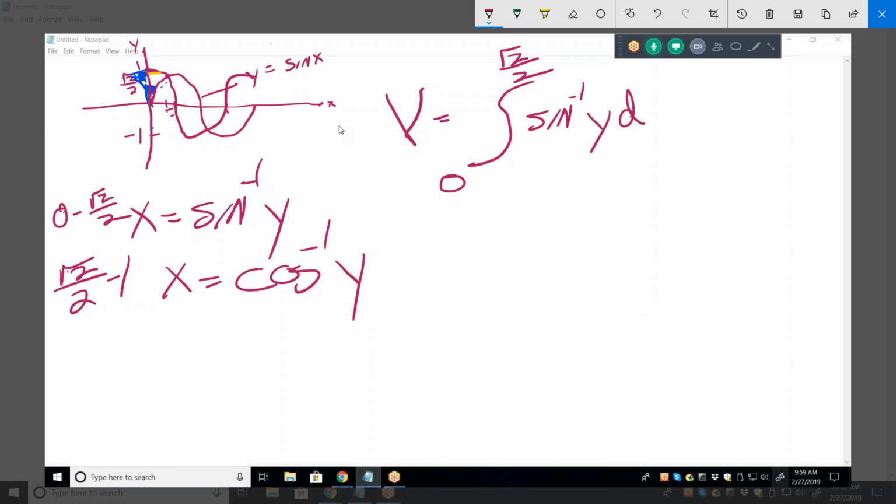Just a second. With the pi outside, there is no pi yet. Hold on a second. So that's the radius. I guess we have to square that too, huh?